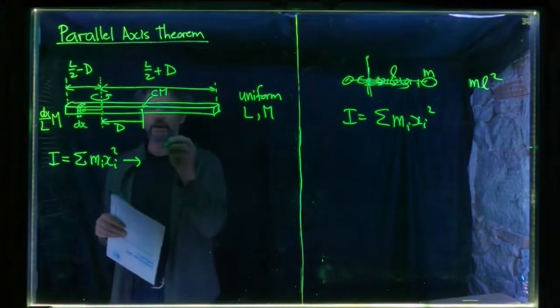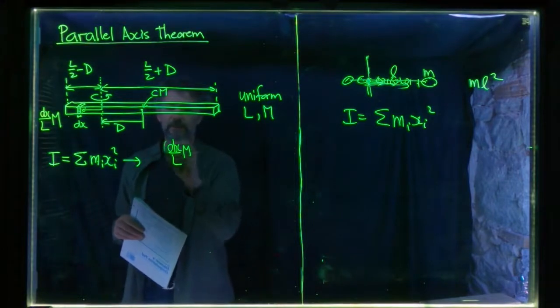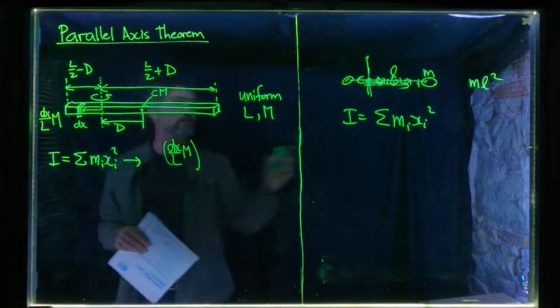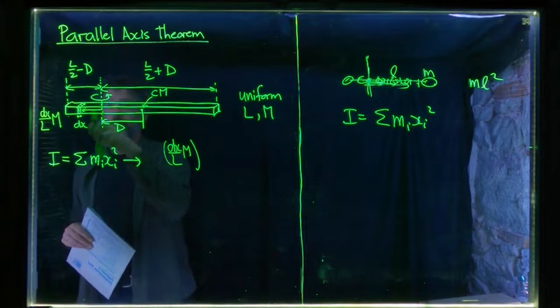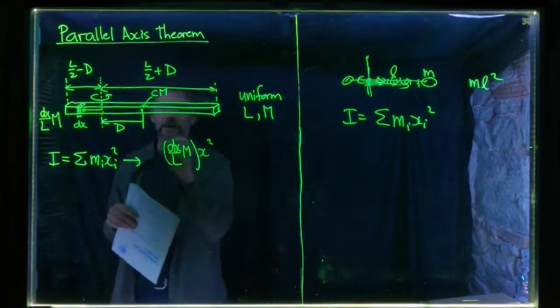We just say dx divided by L times m. That's the mass of that little chunk of rod. And then how far away is it from the axis of rotation? We're going to call that variable x, and we square it. And then we're going to integrate.